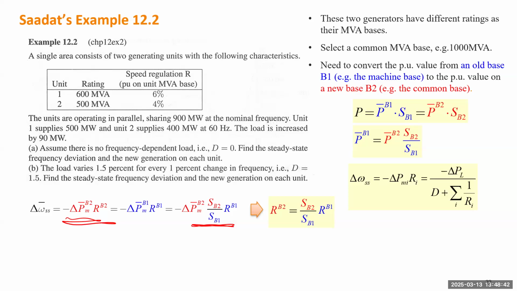So if I have an R value, for example 6%, calculated based on the base 600 MVA, and now I want to translate this to another base, like 1000 MVA, I need to select the new base here, and then I get a new R value. So the regulation factor can change if I change the base.